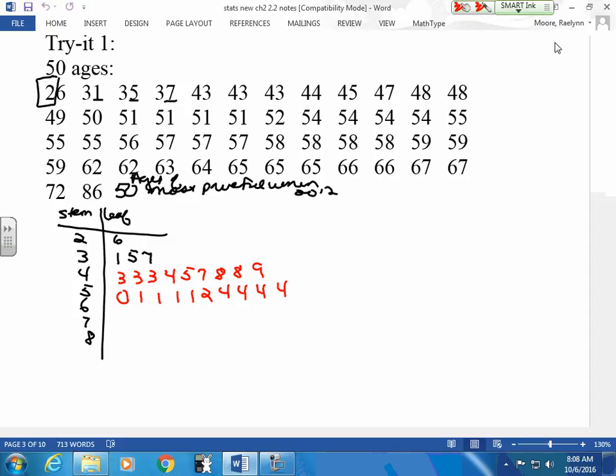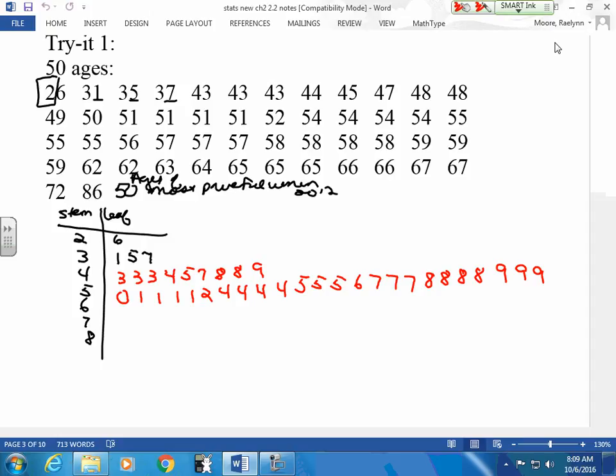I have 3 5s. 1 6. 3 7s. 50s was the big one. 1, 2, 3, 4 8s. And 3 9s. Clearly the largest ages came in the 50s.